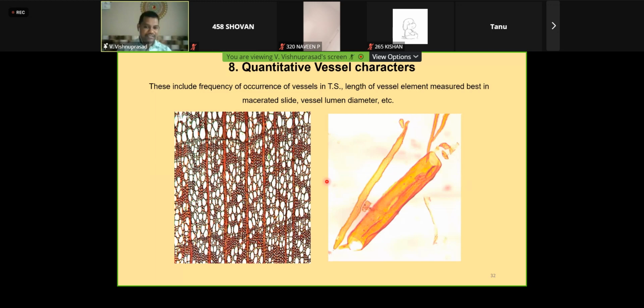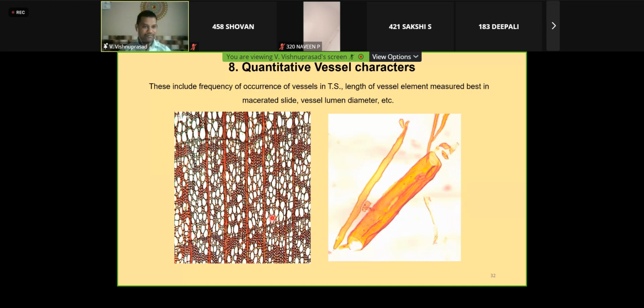Similarly, I can also measure the vessel wall thickness, or as I said, IVPs. The diameter of the IVPs can be taken into account. So a lot of such quantitative vessel characteristics can form a part of the study. For a given species, the values fall in a certain range, which is very important.